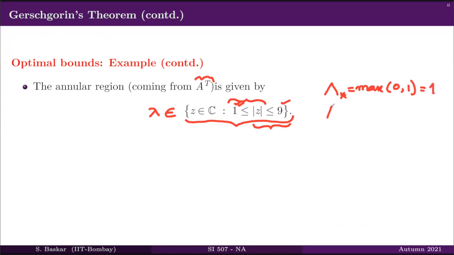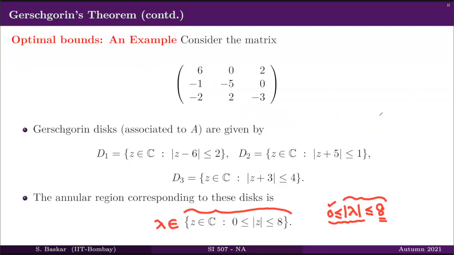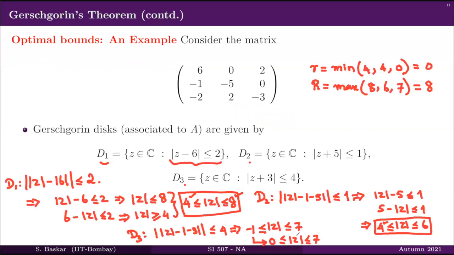And similarly, the upper bound of your optimal region is lambda superstar, and that is going to be the minimum of the upper bounds. You should clearly understand why we are taking the minimum here, whereas in constructing the annular region, we took the maximum on the upper bound, whereas the minimum on the lower bound. So you should just think why we are doing that, otherwise you will get confused.